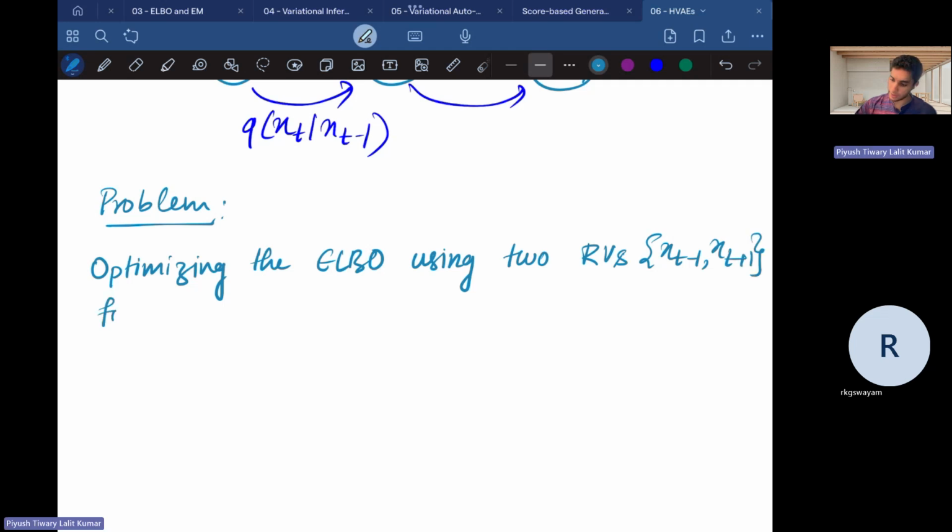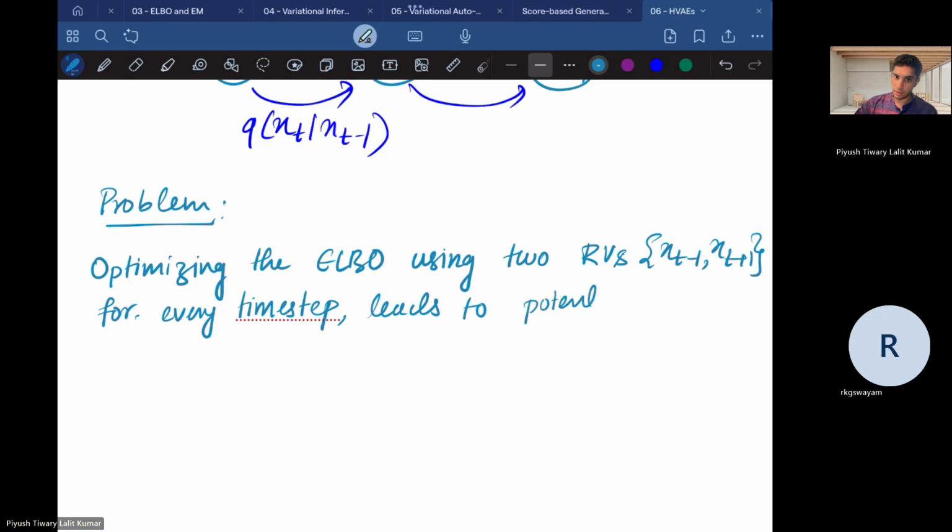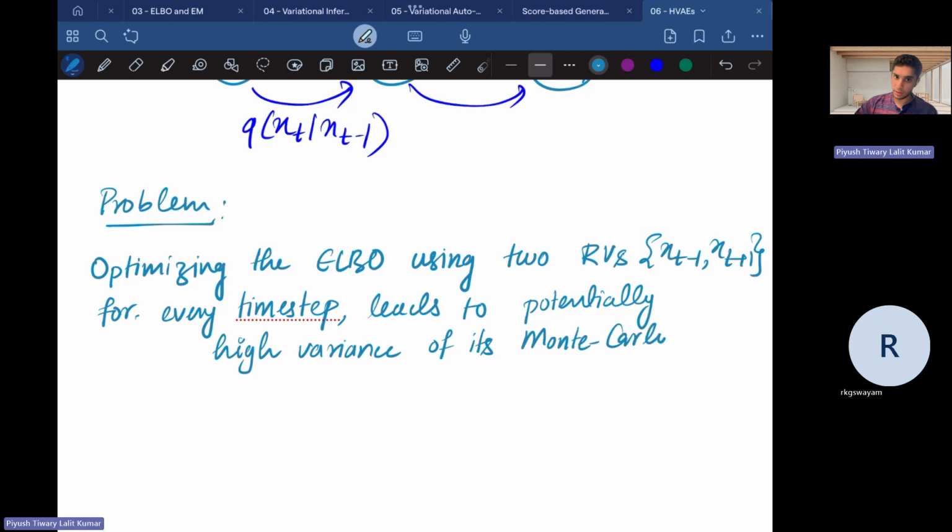This for every time step leads to potentially high variance of its Monte Carlo estimate. This is the problem.